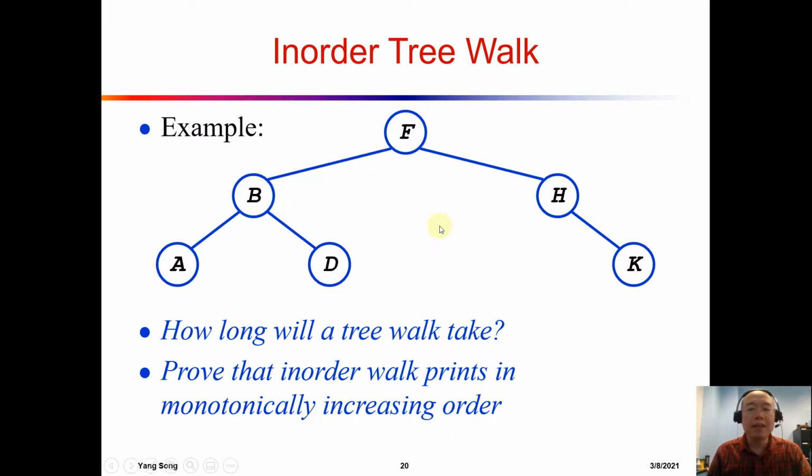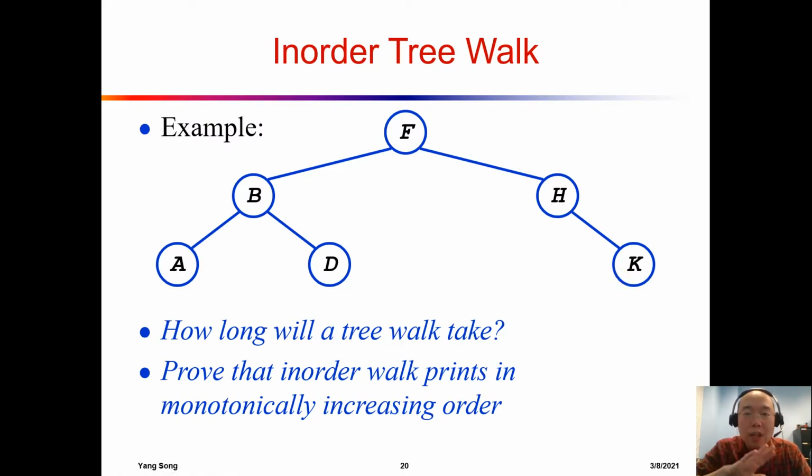Okay, and another scenario will be like this. If we are touching the H, on the side of the H, we don't really have a left child. So this means when we are touching this subtree, there's really no value smaller than H. So in this case, we are going to print the H first and then go to the right subtree of the H if there is any. Why?